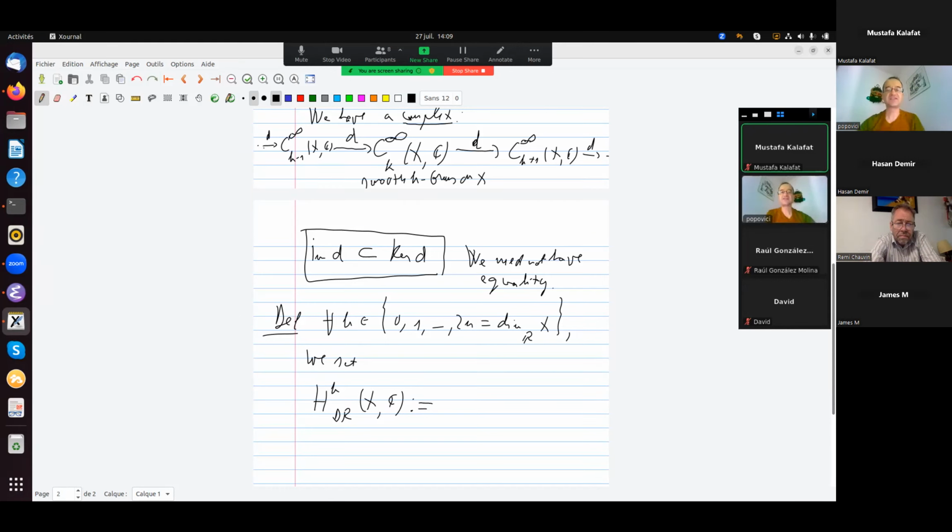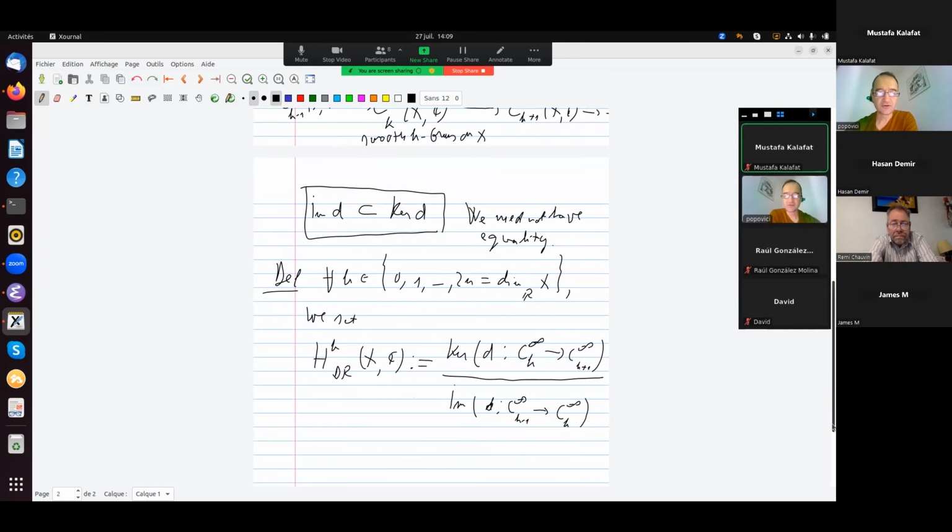So this one is the vector space that measures by how much this inclusion fails to be an equality. So we take the kernel of d acting in degree k, so d acting on C infinity k forms with values in k plus 1 forms, quotiented by the image of the previous d. So the kernel of the outgoing d, if we fix the degree k, quotiented out by the image of the incoming d. So the image of d acting on k minus 1 forms and landing in k forms.